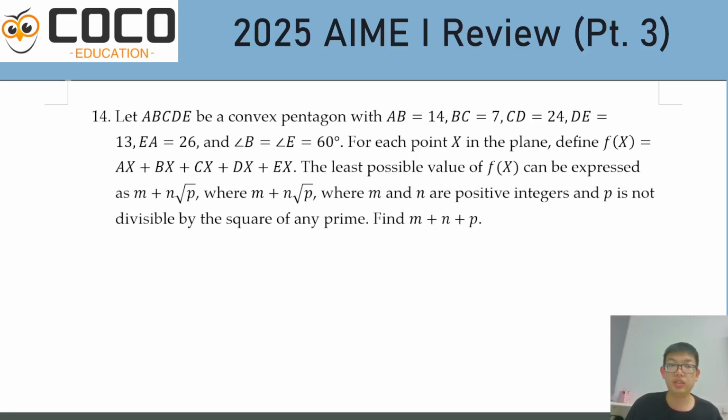Okay, let's just try to draw it. So AB is 14. BC is 7. That's interesting. I'm trying to draw it in order. There is a 60 degree here. So in fact, there seems to already be a 30, 60, 90 triangle in there.